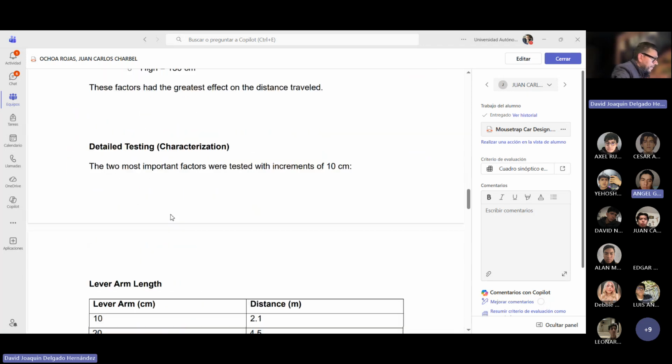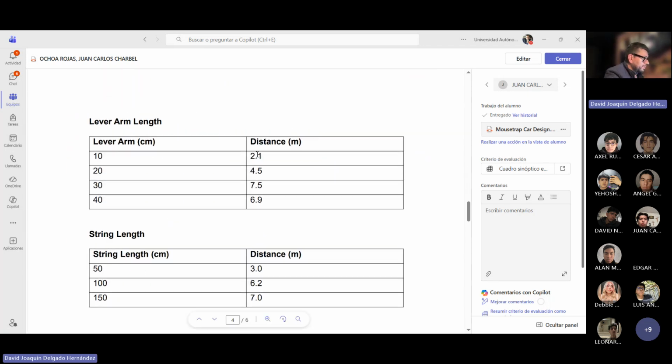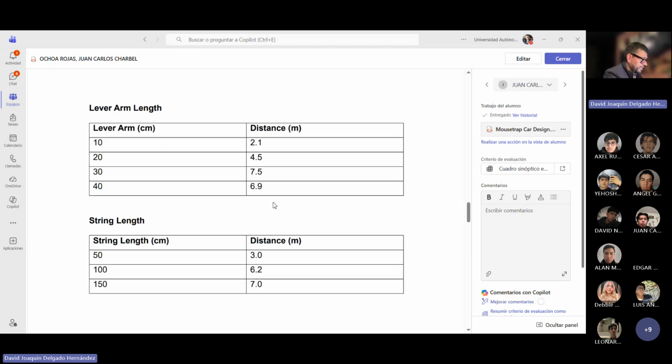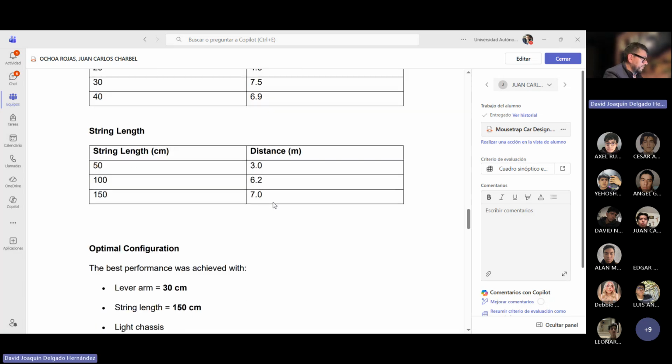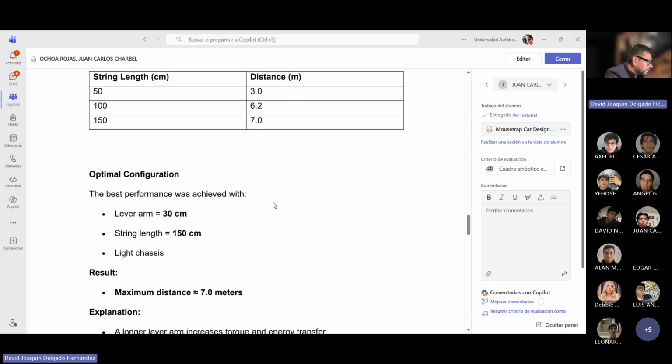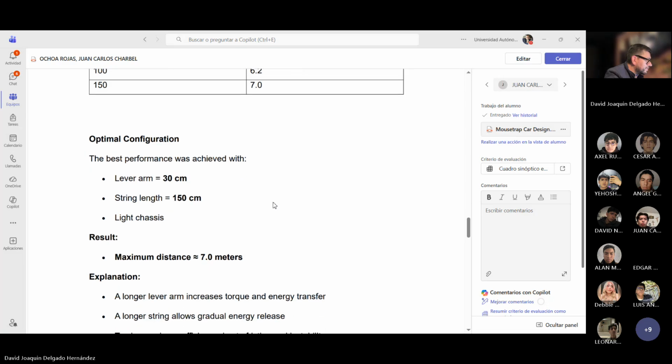Okay, here you can see again that if you increase the lever arm, it does not necessarily mean that you are going to increase the distance. And this is your practical result. So what is the optimal configuration?